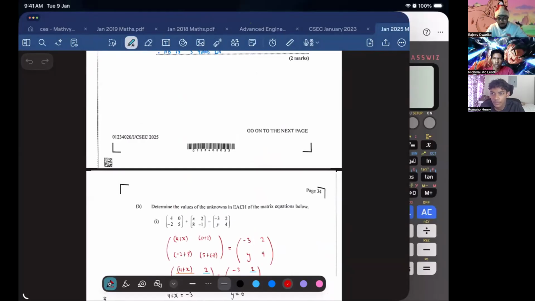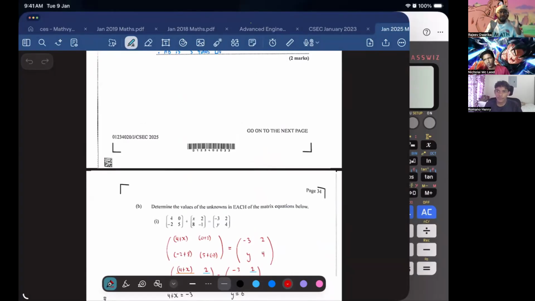I want to clear up something and change how you're thinking. Maths is maths. If you do a January paper, the same concepts you do will come in the June paper. It's not a different concept; it's the exact same thing.